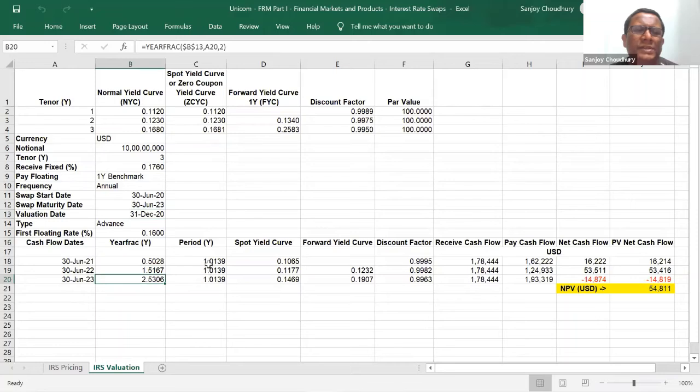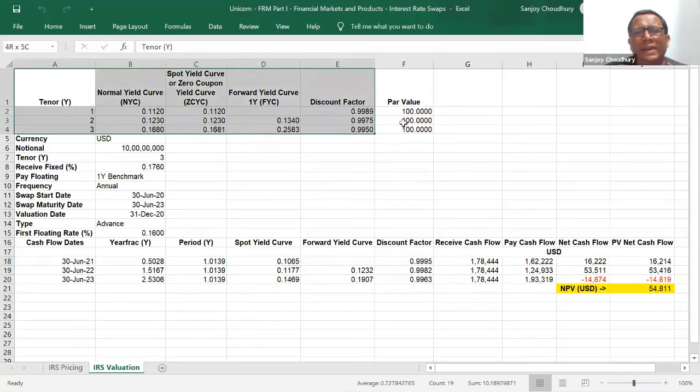Now, period essentially is the time period for the cash flows, which is the same as in the earlier pricing, which is 1.0130, the 1 year, and the 1 year. Here the difference is that the spot yield curve is being considered. This is essentially the yield curve as on the valuation date.